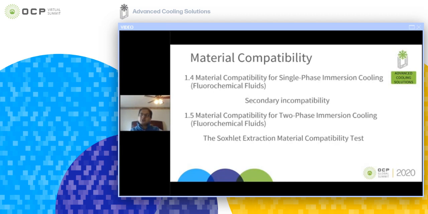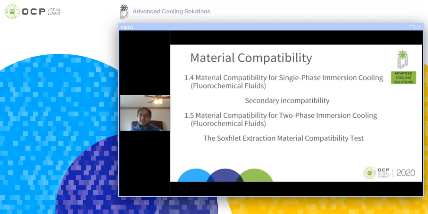We have some ASTM standard test methods like D471 or D2210, which exist in the market for transformer oils. But with the right modifications, we can utilize them for immersion cooling purposes with hydrocarbon oils.